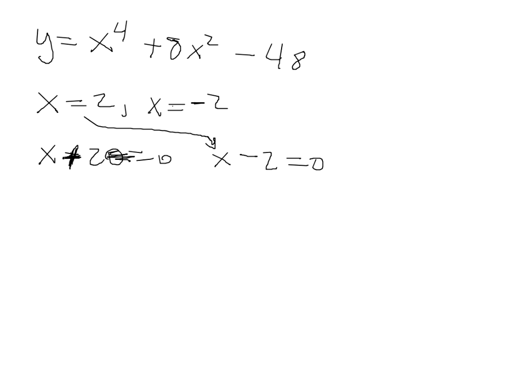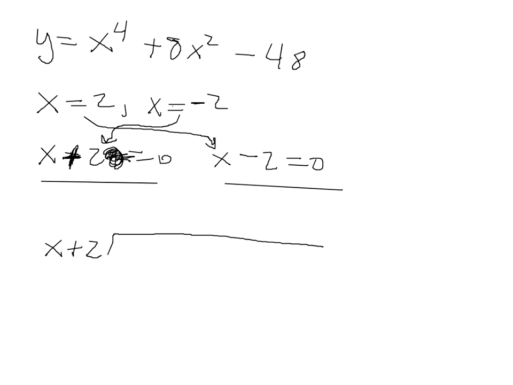This goes with that one, and that one goes with that one. So each one of these are factors. So I can take this polynomial and divide it by the individual factors. Probably don't have enough room to put that there. So we'll do this division twice.